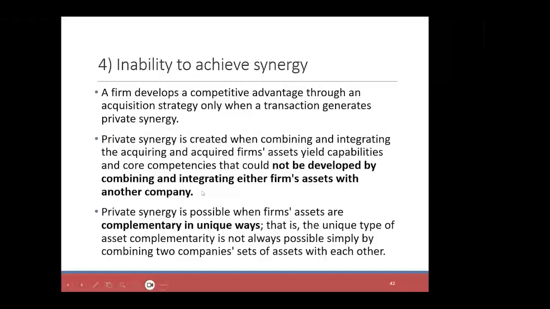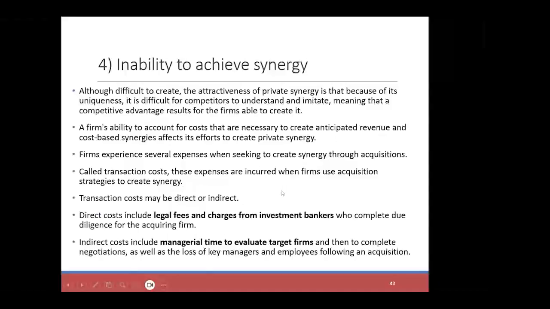That is what we call synergy. If it was acquired by somebody else, or if it had remained independent, it would not have been able to create as much value as it can create with you. So that is complementarity, or that is synergy.